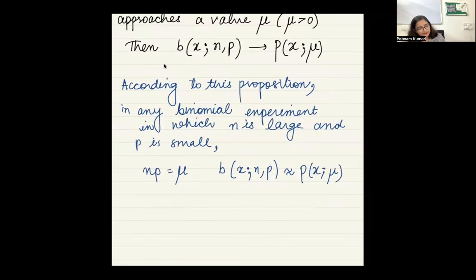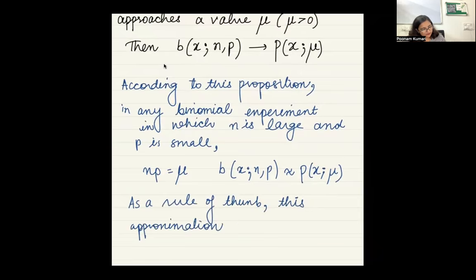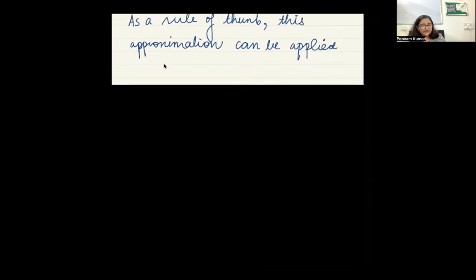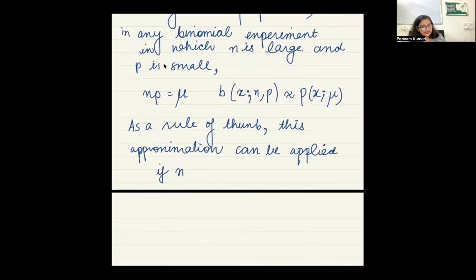So as a rule of thumb, this approximation can be applied if your n value is greater than 50 and your n times p product is less than 5.